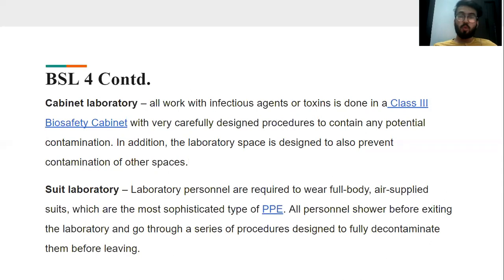Now, what is suit laboratory? Laboratory personnel are required to wear full body air supplied suits, which are the most sophisticated type of PPE. All personnel shower before exiting the laboratory and go through a series of procedures designed to fully decontaminate them before leaving.